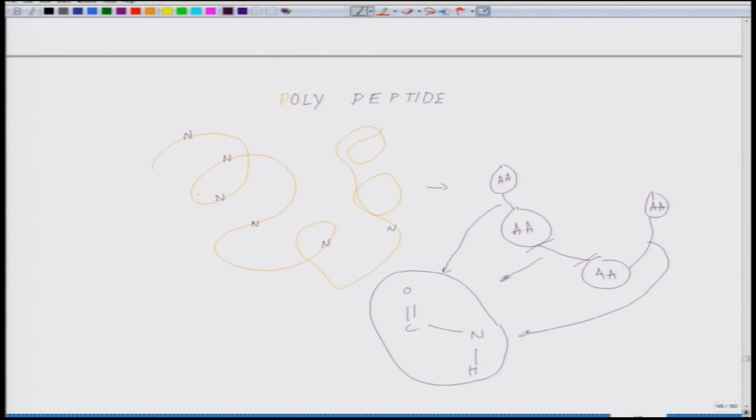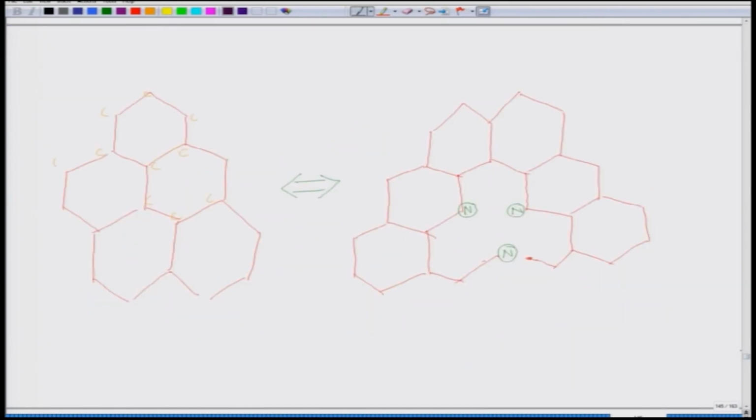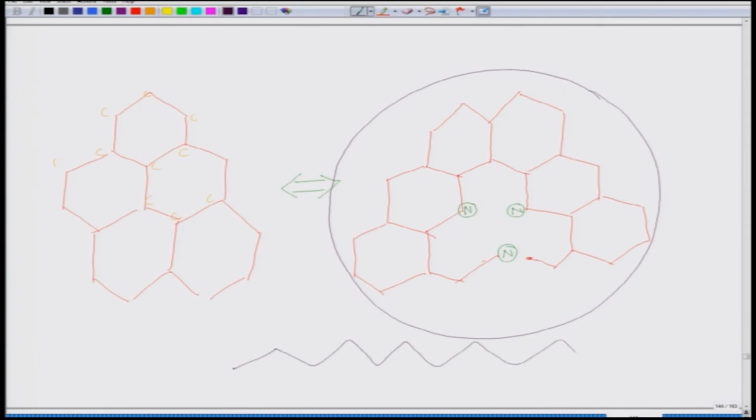Now, once you take this stuff and pyrolyze it, what is happening after pyrolysis? Pyrolysis leads to something similar to this, where this whole linear chain of protein, which was something like this, gets transformed.